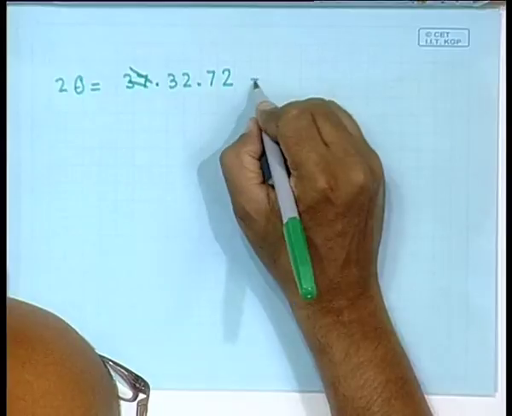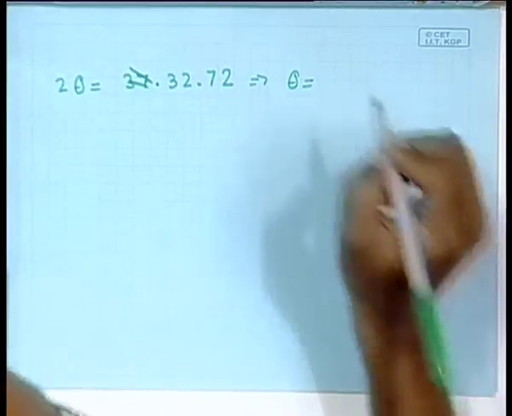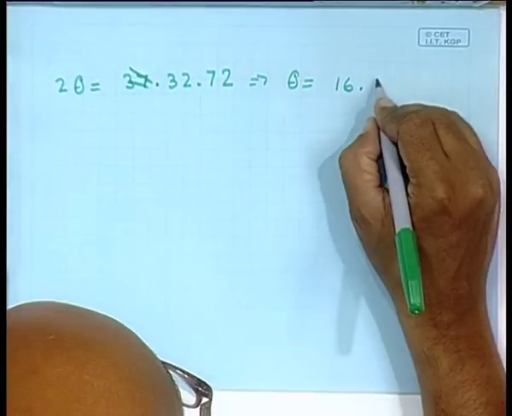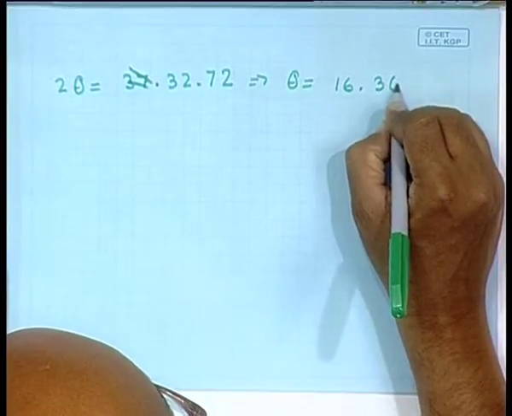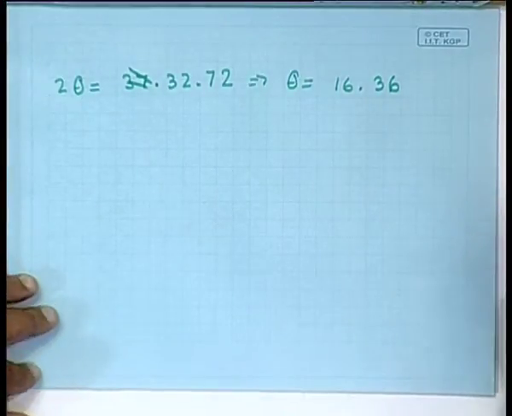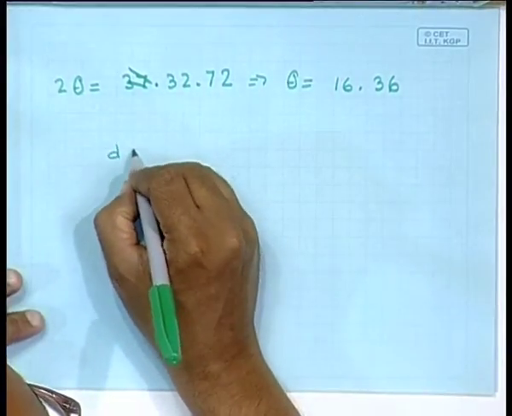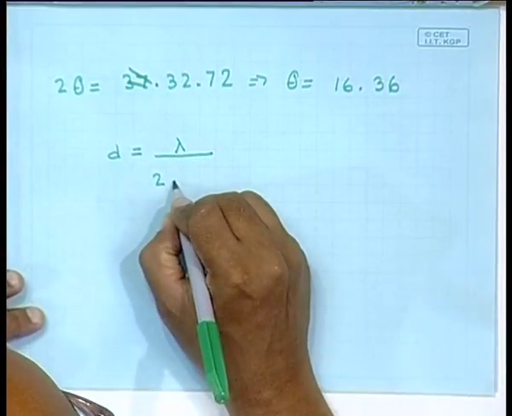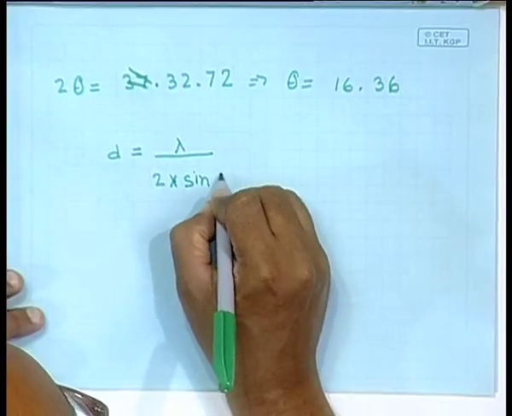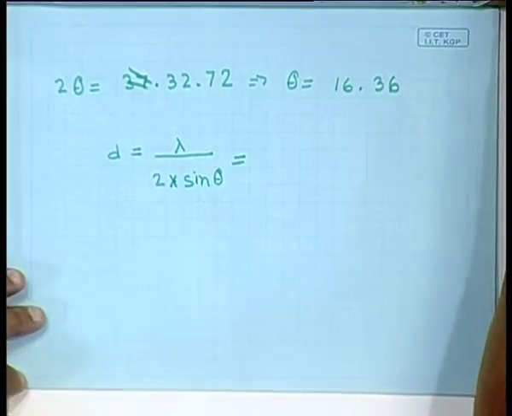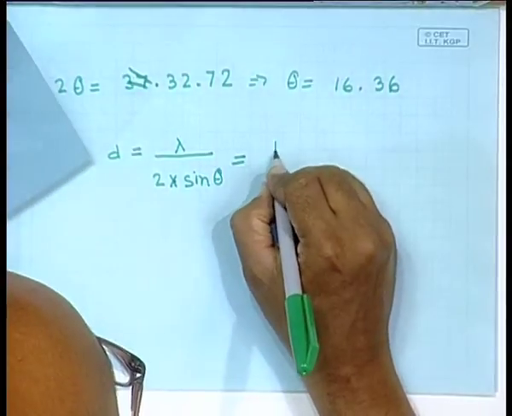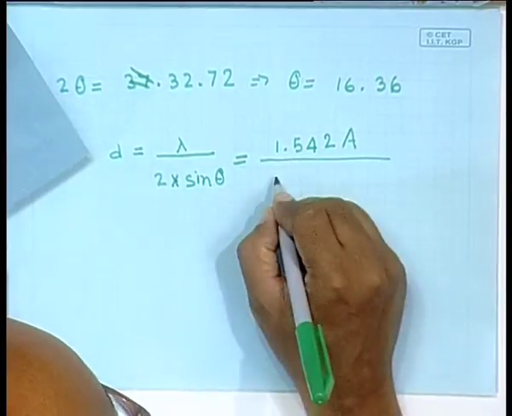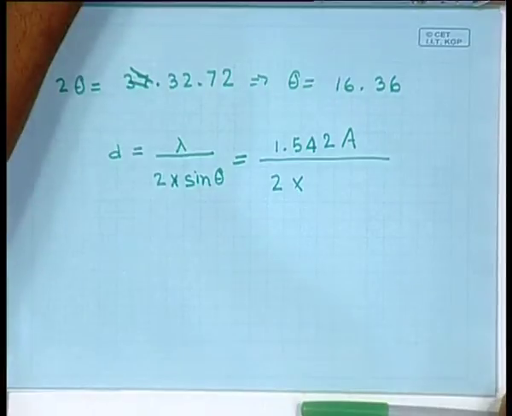Theta is approximately equal to 16.36, and d is equal to lambda by 2 times sin theta, where the wavelength of the X-ray is the same, 1.542 Angstrom, divided by 2 times the sine of 16.36.